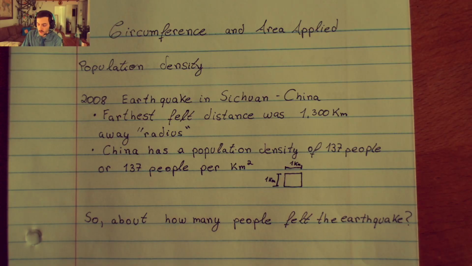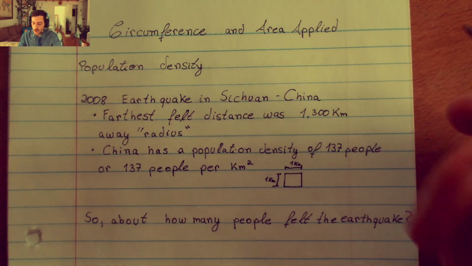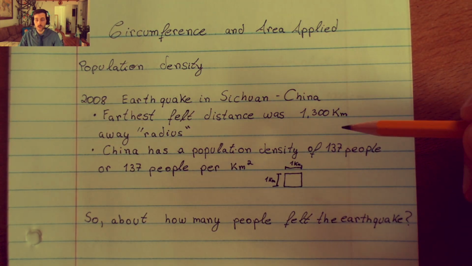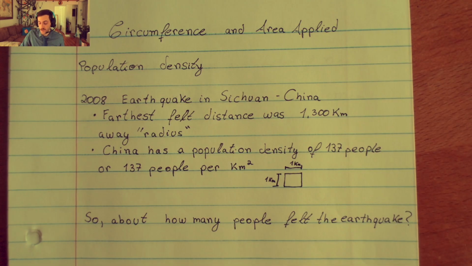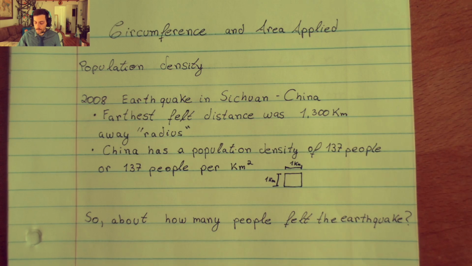Let's take a look at this first particular example. We're going to talk about population density in regards to an earthquake that happened in China in the year 2008. In the city of Sichuan, there was an earthquake, and as you may have seen in science class, shock waves get generated from that portion of crust, and two series of waves are sent outward, reverberating out like a circle that expands.